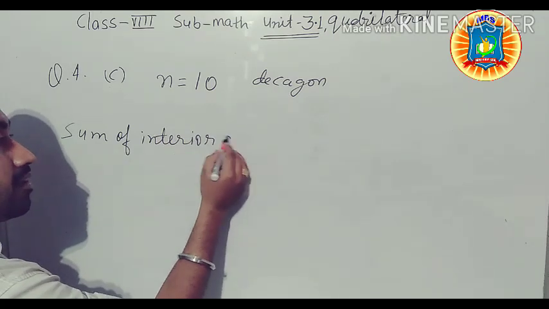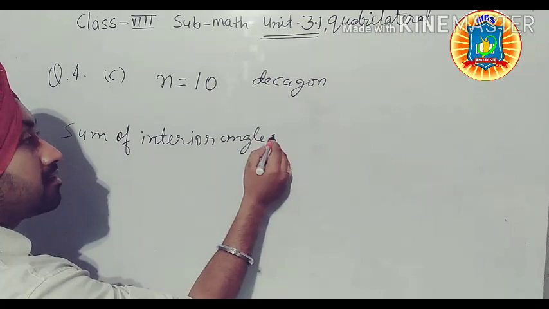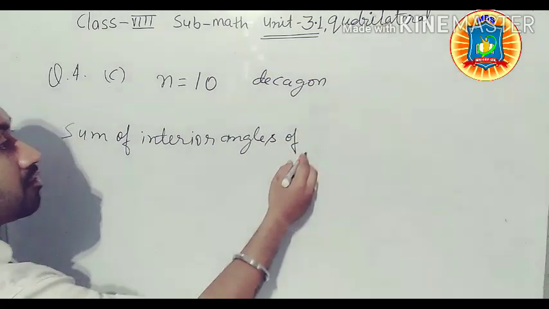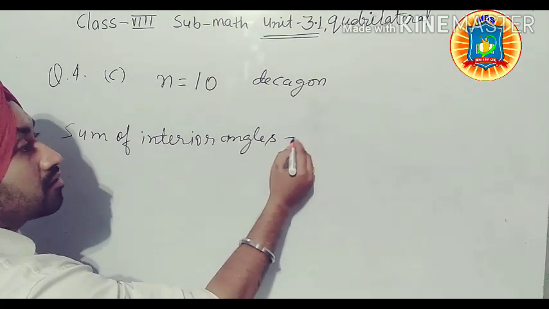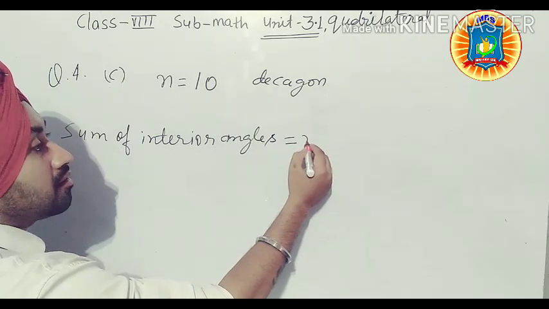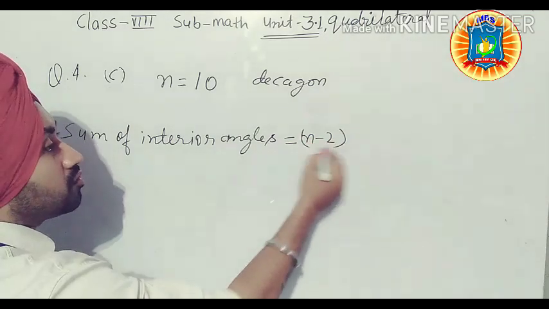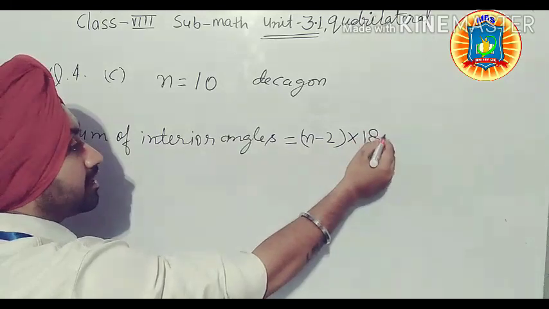Sum of interior angles of a decagon. We apply the formula n minus 2 multiplied by 180.